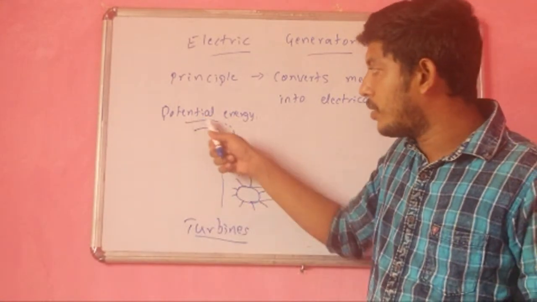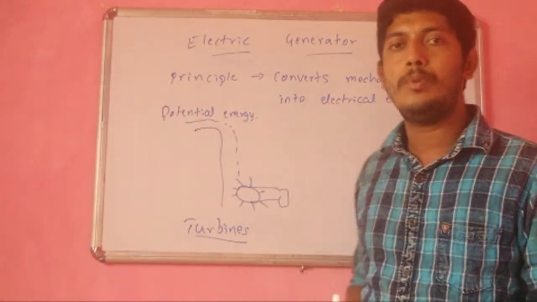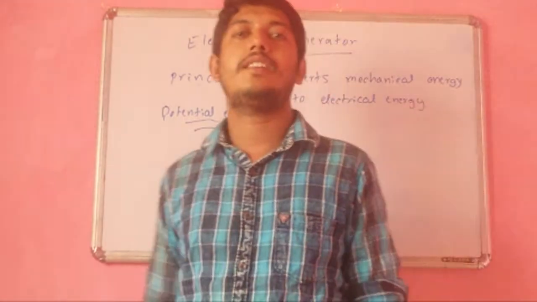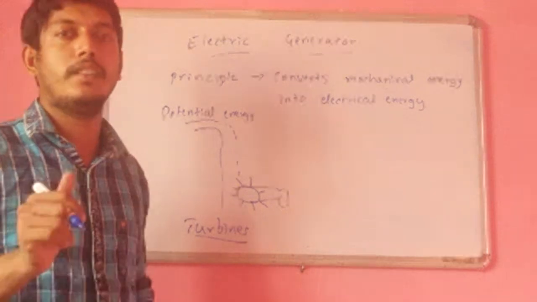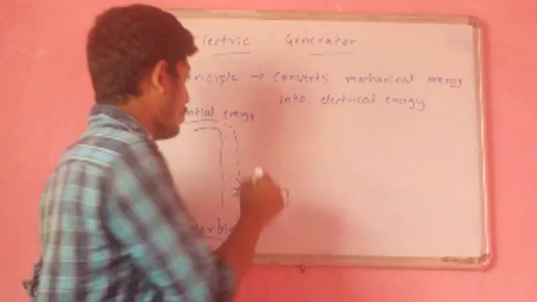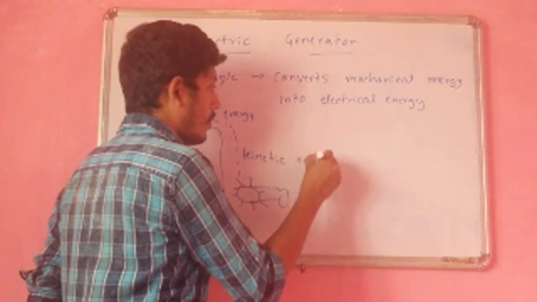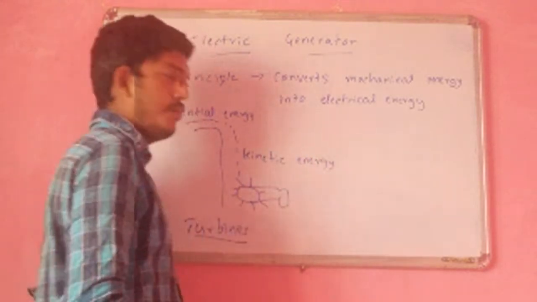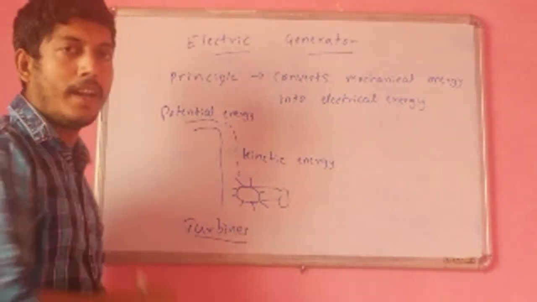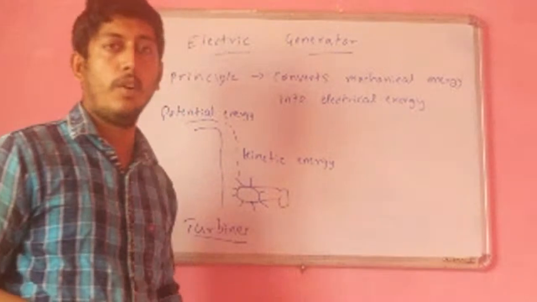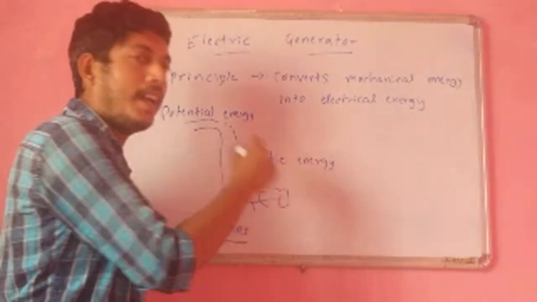Now the water is moving. While moving from the higher position to the lower position, it attains kinetic energy, the energy possessed by an object due to its motion. Then the water falls on the arms of the turbine and the turbine starts rotating.